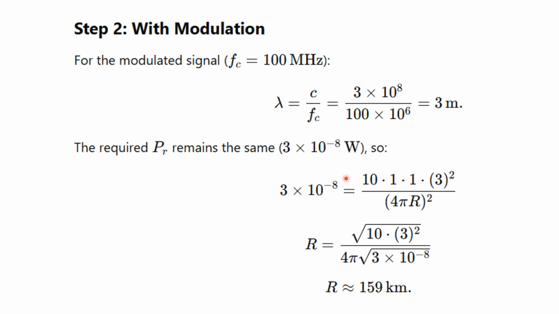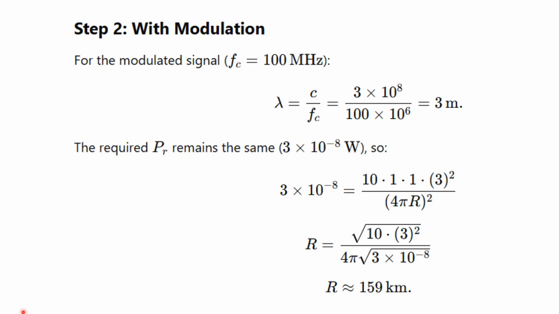Because our received power is the same, independent of the wavelength according to the given question data, it is 3 into 10 power minus 8, with 10 watt transmitted power, 1 as GT, and lambda equal to 3, squared, divided by 4 pi R square. Now we calculate capital R, the distance between transmitter and receiver, which is equal to 159 kilometers.